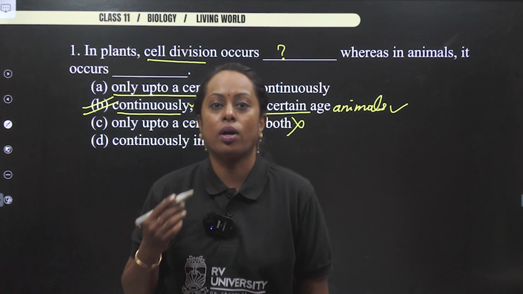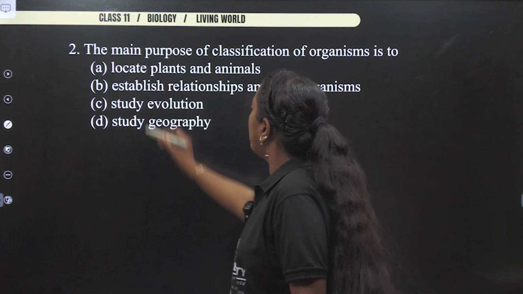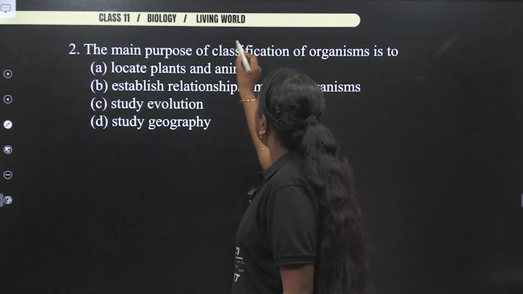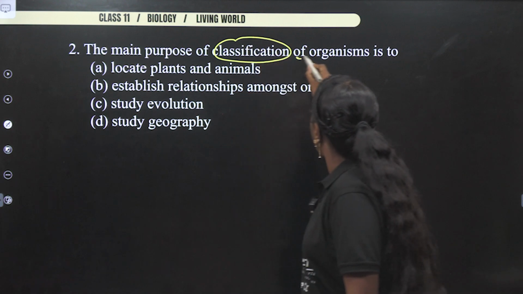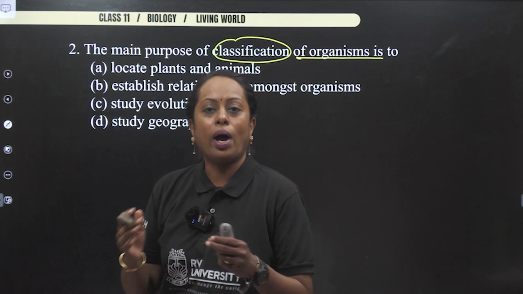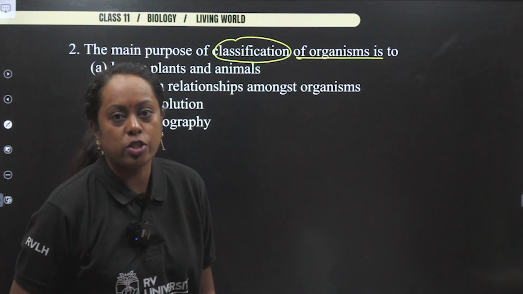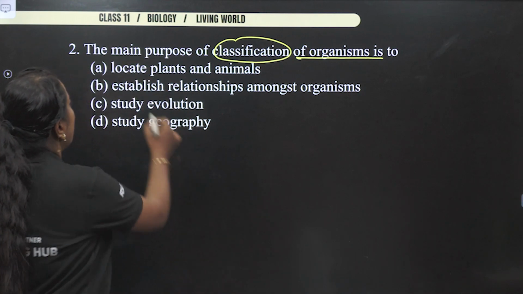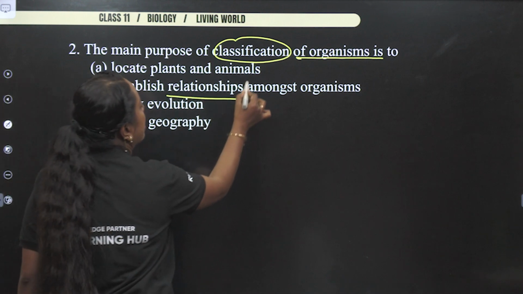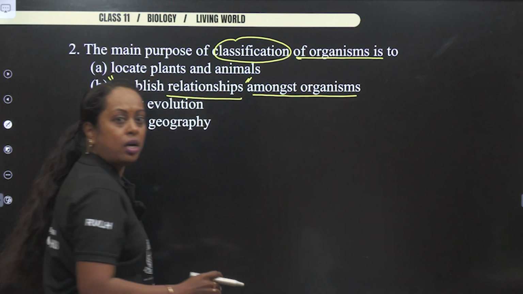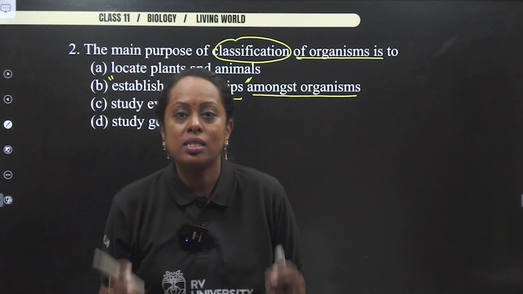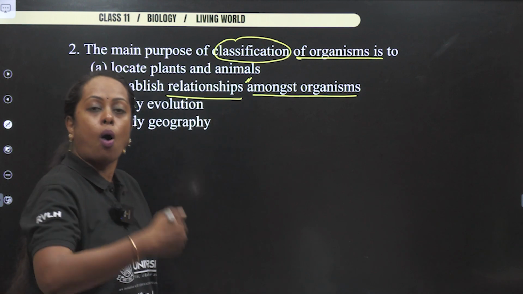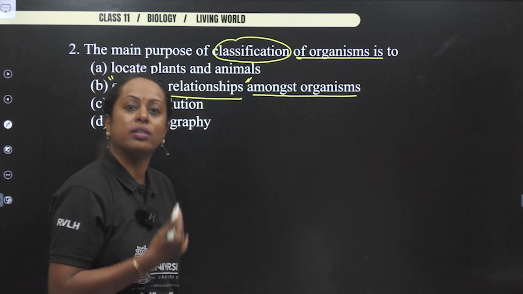Now, let's see what our next question is. The main purpose of classification of organisms is to... Now, why did we start this particular classification process? May I say we wanted to establish the relationship among the animals. So that becomes a very clear sentence: we want to know how one organism is related to another organism.